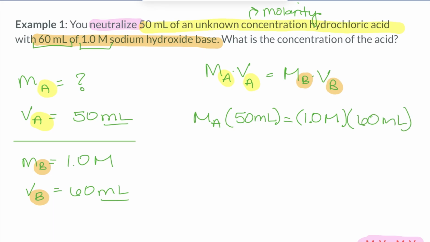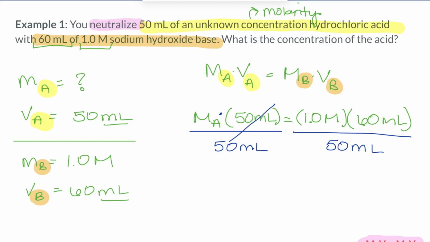As I look at this, I've got multiplication here. So how do I get that 50 away from the molarity of A? Well, to undo multiplication, we divide both sides by that 50 milliliters. 50 milliliters over 50 milliliters cancels.